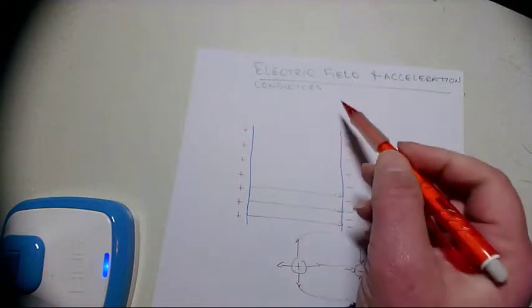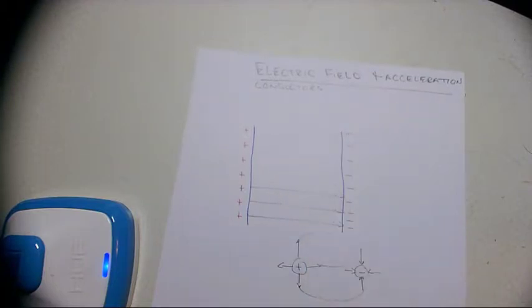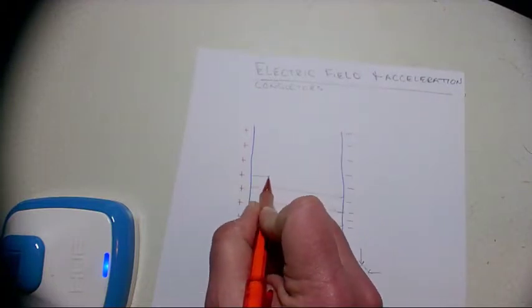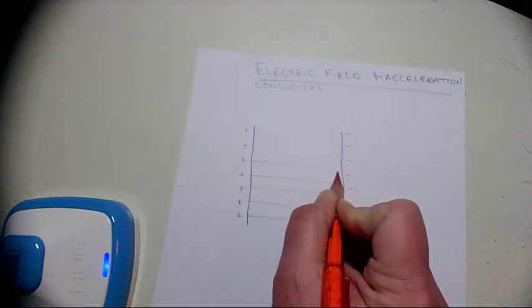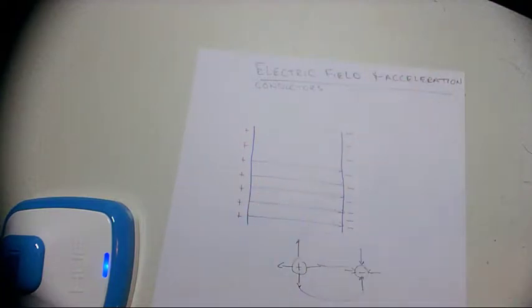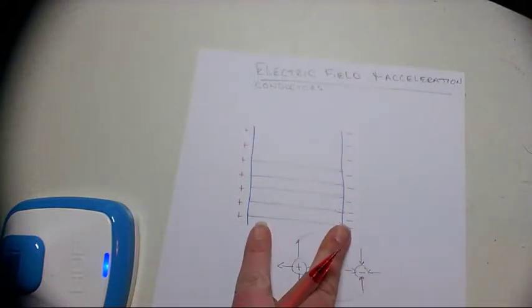So my field lines are perpendicular to these, but we're going to get into more detail on that later. What I want you to see from this is how the field lines work between two parallel plates, and again with my well-drawn lines, these are indeed parallel, pretend.